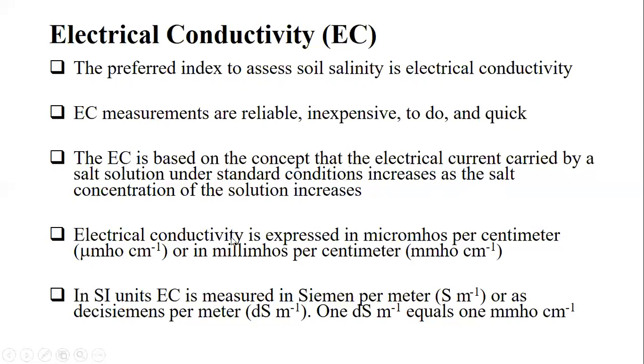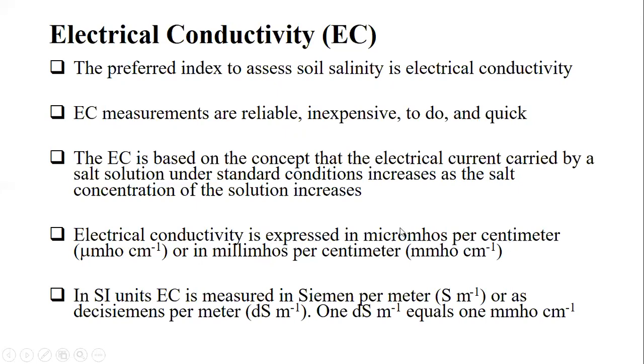Electrical conductivity is expressed, remember, we had this term before. Remember when we talked about cation exchange capacity, we said this term is used. How do we write it? What kind of units do we use? How do we express it? This is the meaning of expression in this case. Electrical conductivity is expressed in micromhos per centimeter.